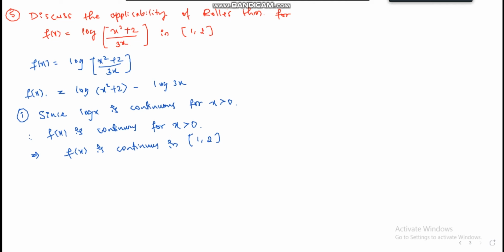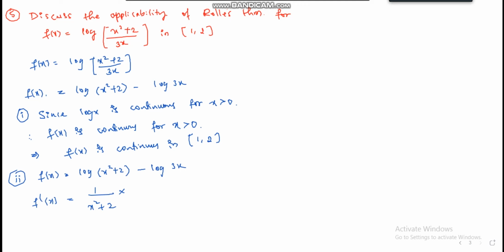We go for the second condition, which is derivability. f(x) = log(x^2 + 2) - log(3x). Differentiating: the derivative of log x is 1 by x, so we get 1 by (x^2 + 2) multiplied by d/dx of (x^2 + 2), which is 2x.